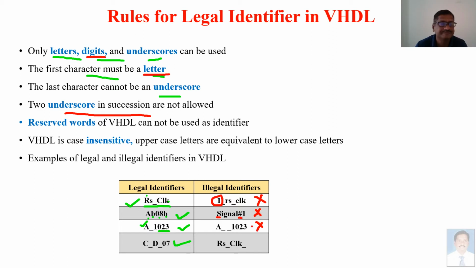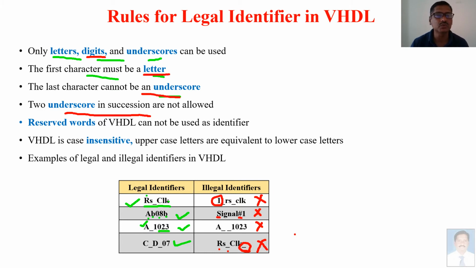And finally, this one starts with a letter, underscore, clock and underscore. But here the last character should not be an underscore, and we are using an underscore as the last character. That's why it is also an invalid identifier.